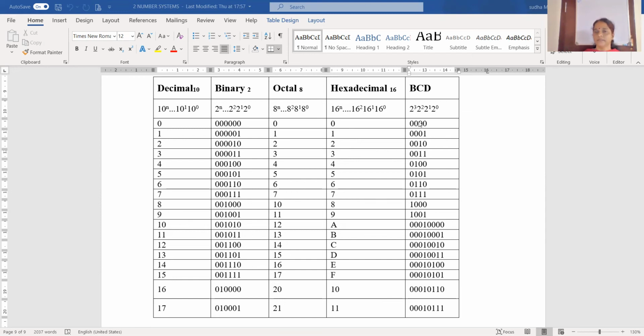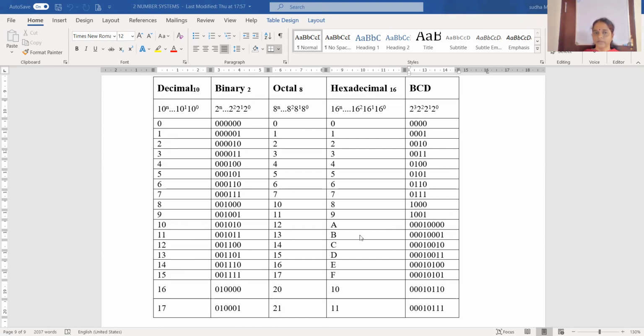The next number system we have studied is the BCD number system. This has the binary representation of decimal values 0 to 9. To write 10, we have to consider 4 more bits. That is 0001 represents 1, and 0000 represents 0, so that is 10.